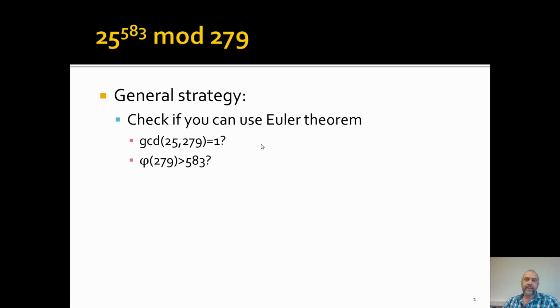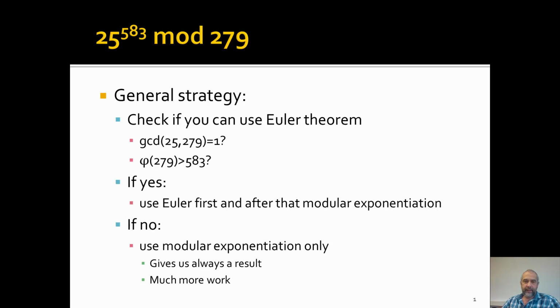So we have to check these two things, and if so, we can apply Euler and reduce the numbers significantly. If one of these two requirements is not met, then we can use the technique of modular exponentiation, which always works. So you could solve any problem of this form using modular exponentiation, but it's really a lot more work.